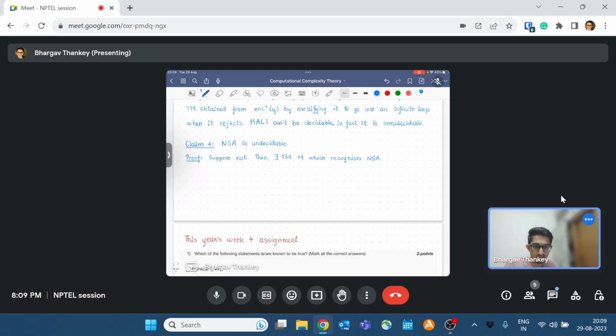Is this fine? This is slightly difficult to understand. So if something is not undecidable, it is either semi-decidable or decidable, right? Yes. But in both cases, there would exist a Turing machine that recognizes NSA. Why? Because if you have a Turing machine that decides NSA, it also recognizes NSA, right?